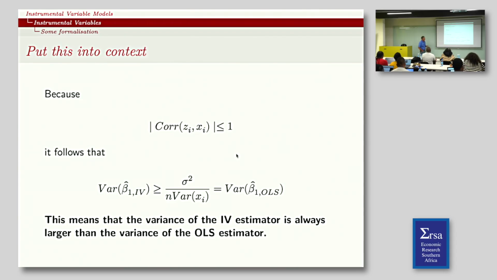The variance of the IV estimator is always larger than the variance of the OLS estimator. And in many cases, the variance of the IV estimator is so much larger that you can't rule out the OLS estimator as being correct.